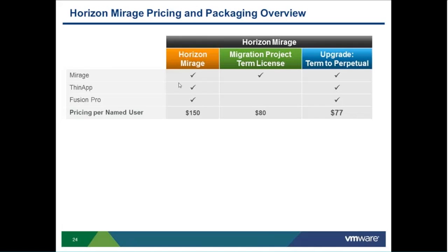The second is the complete Mirage pack. That means it is going to come with all the PC lifecycle management, from desktop repair to restoration, to backup and restoration of the data, and application repair. If anything happens to the hardware, immediately it is going to push the image again. So everything is done within that Horizon Mirage pack.